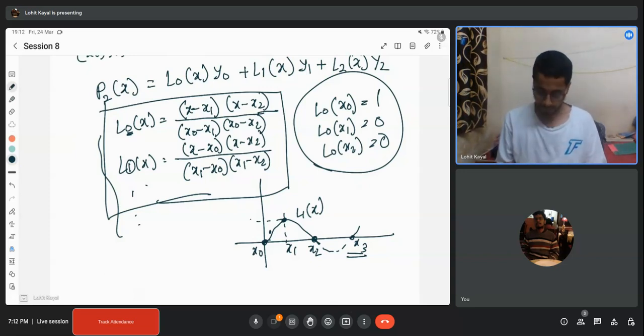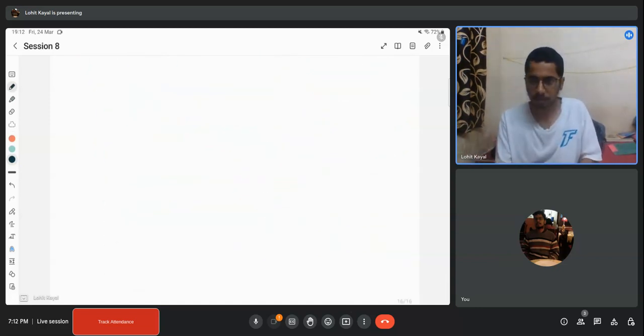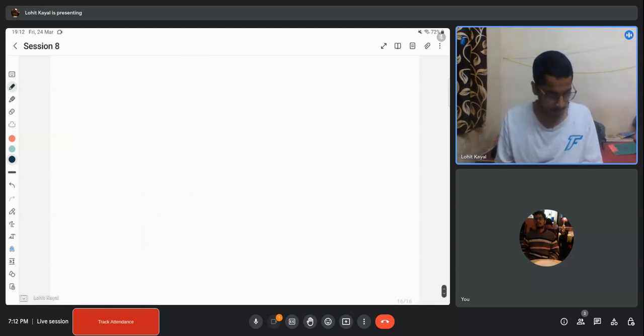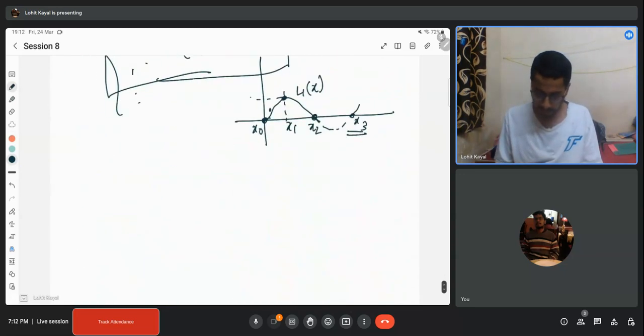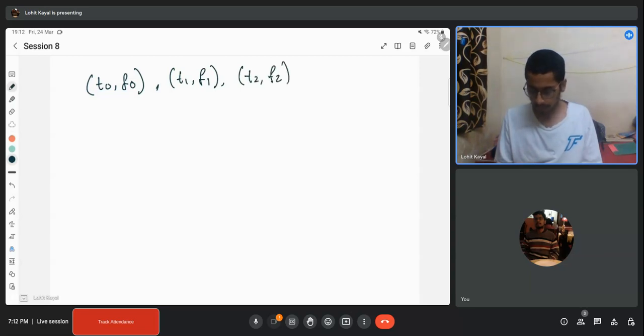Now, one interesting observation is related to this Lagrange interpolation. So here this is a short exercise. Here I have three data points, suppose T0, F0, T1, F1, T2, F2.